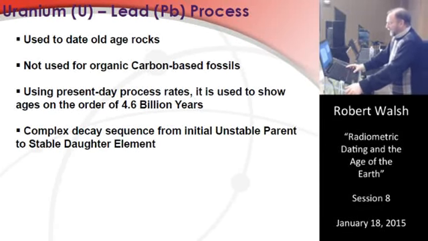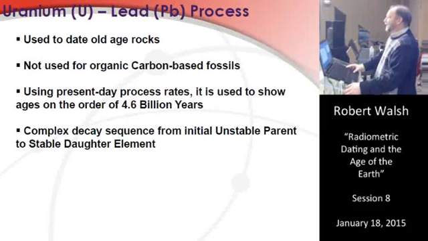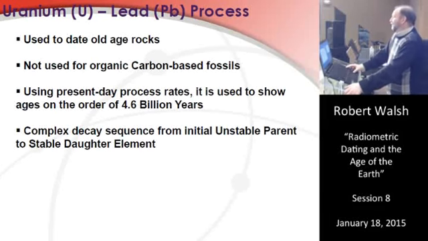The decay sequence of uranium-lead is extremely complex, and we're going to look at that just to show you how complex it really is. It begins at an unstable parent, and it continues to decay through many stages of unstable daughters. And this is what it looks like.